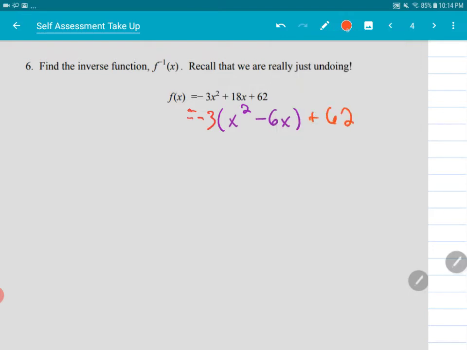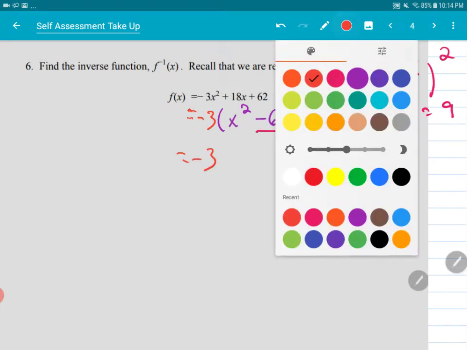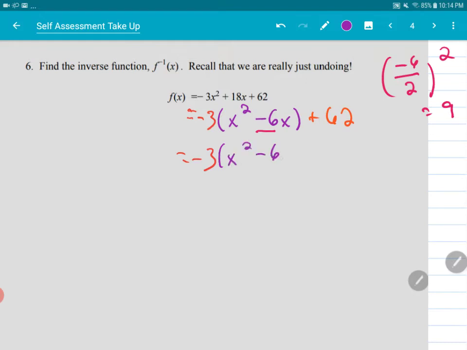All right, so then we see that middle term, that negative 6, we need to take that negative 6, divide it by 2, and square it. When we do that, we get 9. So that's going to be added and subtracted. So negative 3, x squared minus 6x, and that number we have to have plus 9, minus 9, in the brackets still, and that plus 62 stays on the outside. We'll deal with it later.